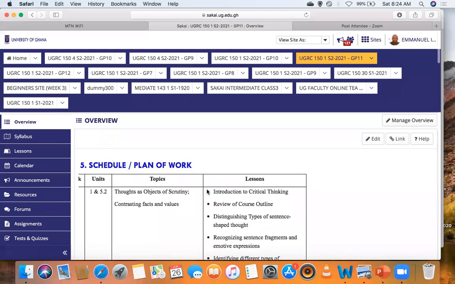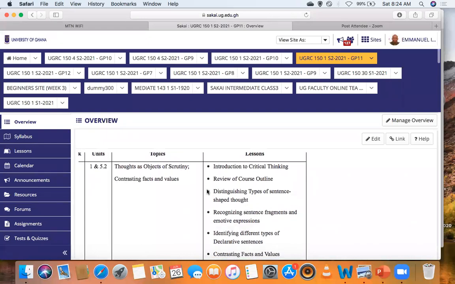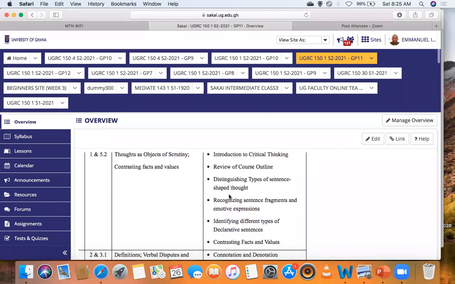Now, this is a timetable. You can see that today we are looking at thoughts as objects of scrutiny. We're going to look at speech acts, and then we're going to contrast facts with values. When you look at the lessons column, introduction to critical thinking, which is what we're doing right now, review of the course outline, that is in fact what we're doing right now, and then distinguishing types of sentence-shaped thought.